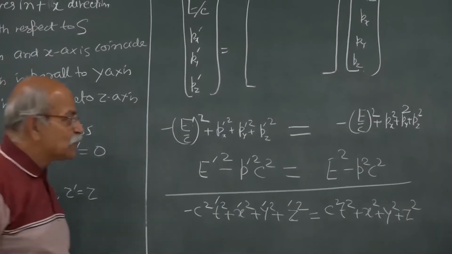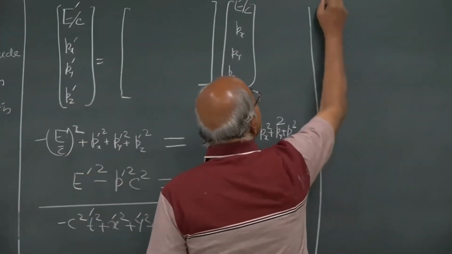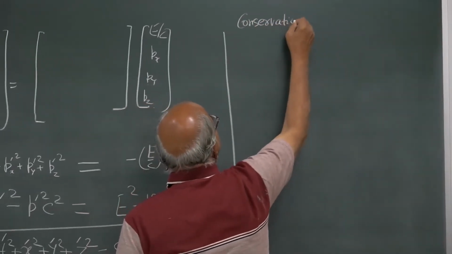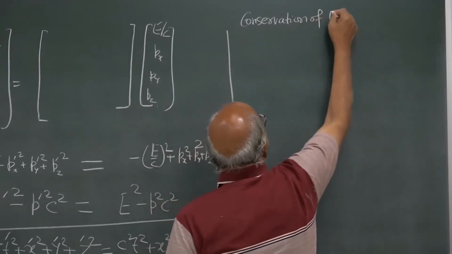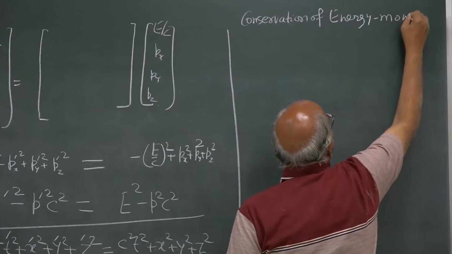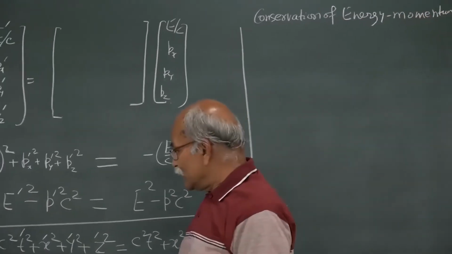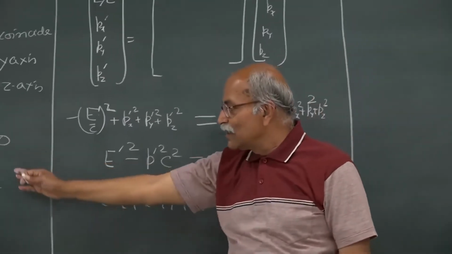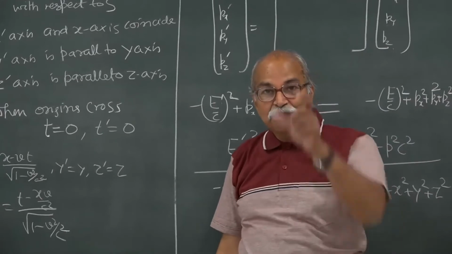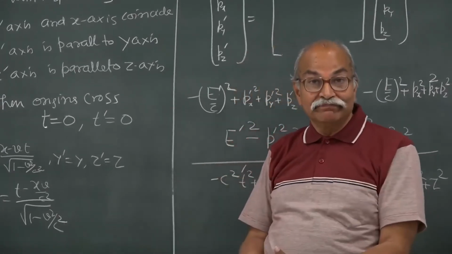Now, the last thing I want to say in this lecture is the conservation of energy momentum. You have seen from the position 4-vector that the space coordinates and time coordinates get mixed up.